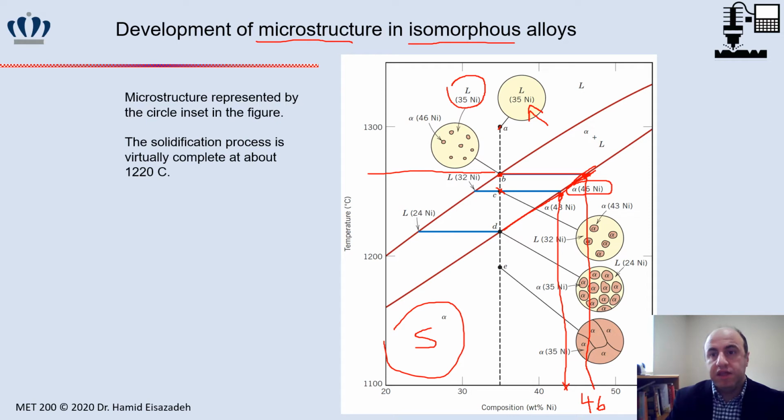Although the solid part is getting larger, its nickel composition is decreasing. Initially it was 46, now it's 43. And then we have a liquid phase here, and that follows the liquidus line. So the liquid has 32% nickel.